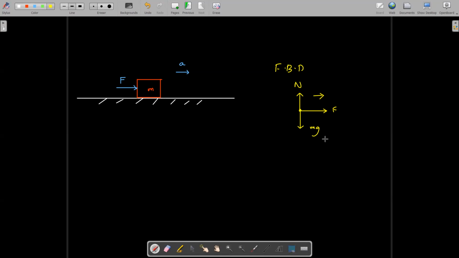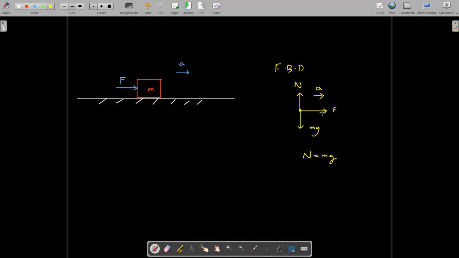Okay, body up or down move ചെയ്യുന്നില്ല, അതായത് y directionally it has no motion. Only motion it has is in the x direction, which means that the upward force will be equal to the downward force, that is n will be equal to mg here. Okay, f is unbalanced here, there is no other force, and we know that f is making the body move in that direction, right?